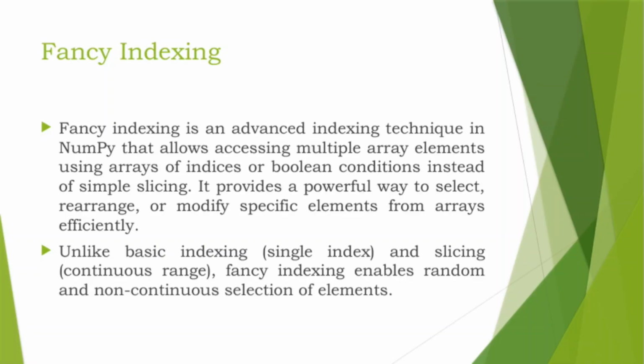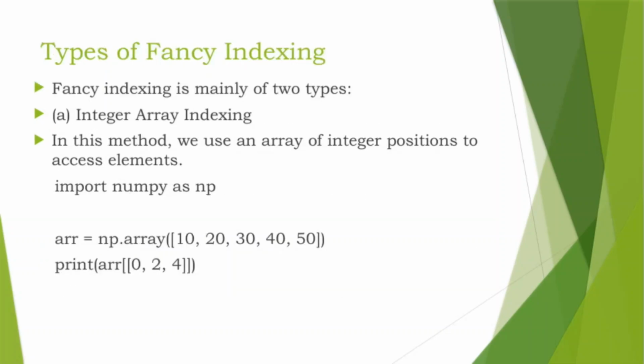It provides a powerful and flexible way to extract specific elements from one-dimensional, two-dimensional, or multi-dimensional arrays efficiently. Unlike ordinary indexing, which retrieves elements one at a time or through continuous slices, fancy indexing enables the selection of elements located at arbitrary positions within an array.